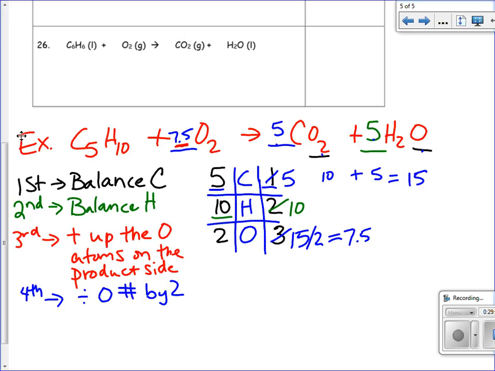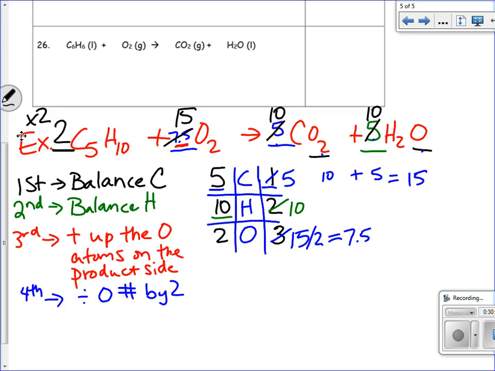But what we do to one of the substances, we've got to do it to all of the substances. So I'm going to multiply everybody by 2. So this guy now gets a 2. This one becomes a 15. This one becomes a 10. This one becomes a 10. Everybody gets multiplied by 2.